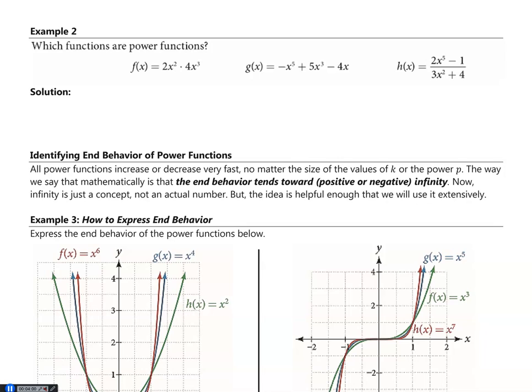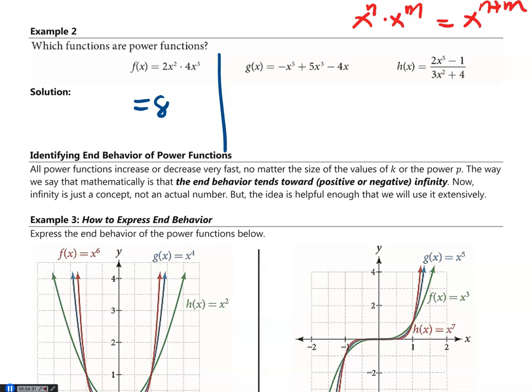Next example, which functions are power functions? f(x) = 2x squared times 4x cubed. We can simplify this. 2 times 4 is 8. x squared times x cubed. So just to recall, power of exponents, x^m times x^n, yes, we add the exponents.